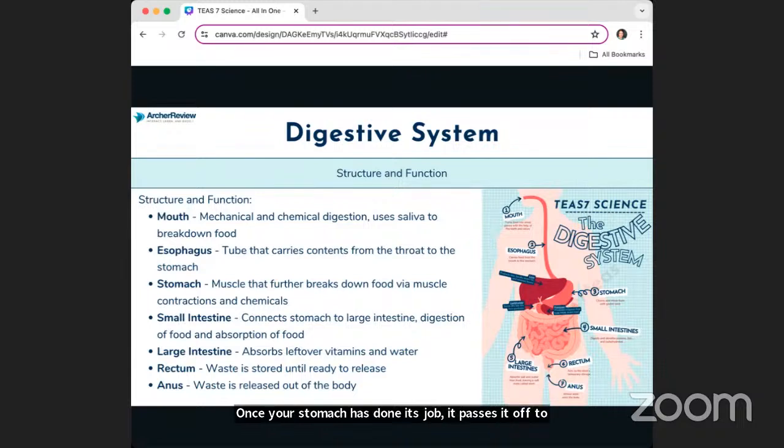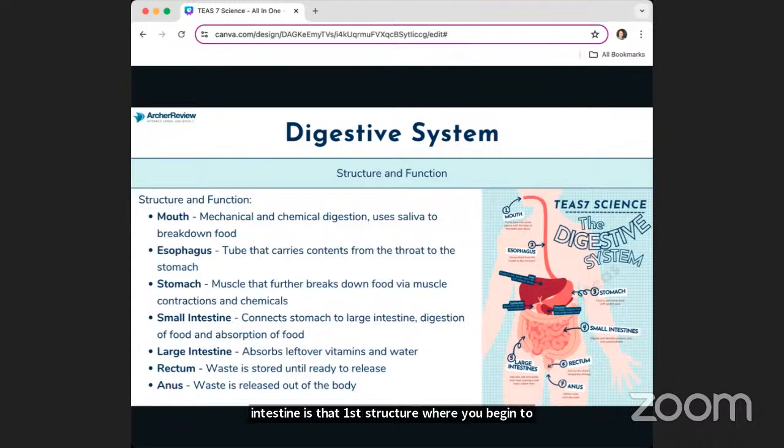In the small intestine, it digests a little bit more, but most importantly, we begin to absorb the nutrients from food. The small intestine is that first structure where you begin to absorb all the goodies from the food that you eat.